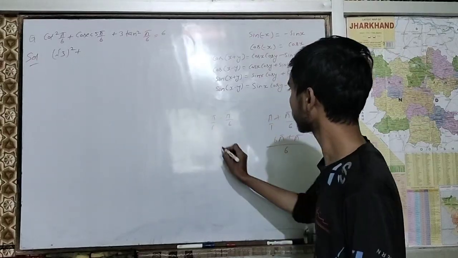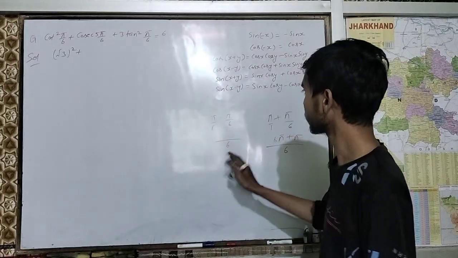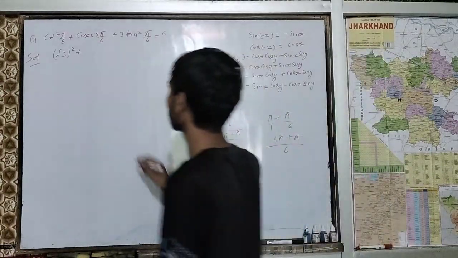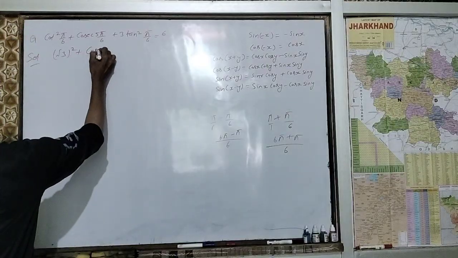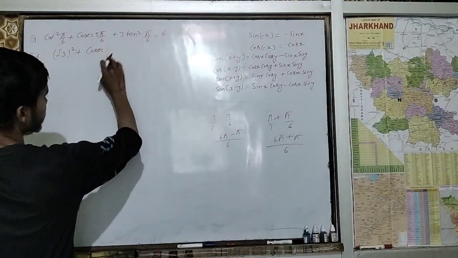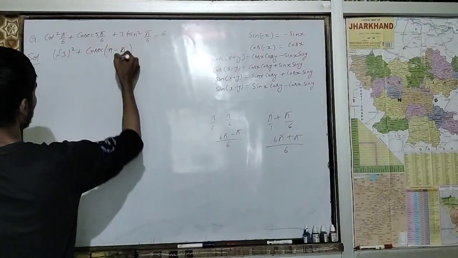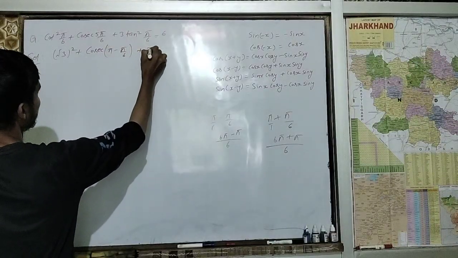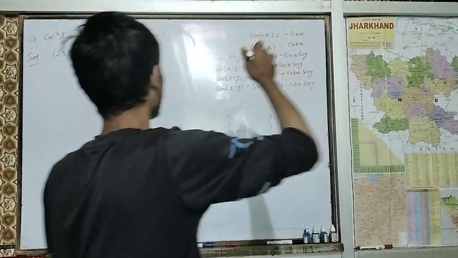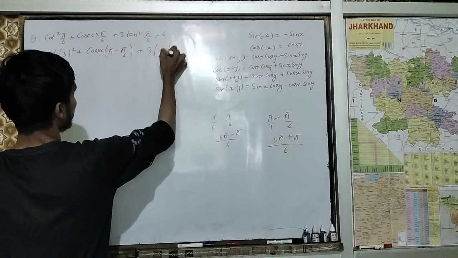Let's say, don't worry, 6 as it. Then what will happen? 6 pi and minus pi. It will give you, yeah, this is correct. So this can be written as pi minus pi upon 6. Clear? Then we have 3. Tan 30. Tan 30 is nothing but 1 upon root 3. Clear?